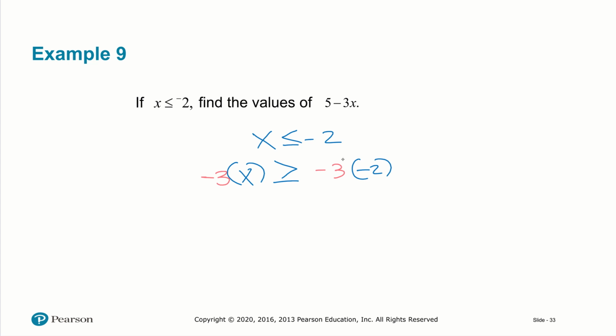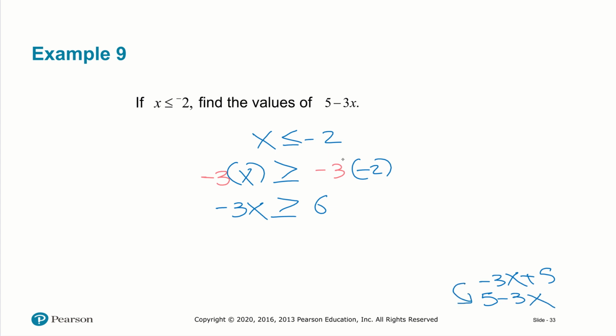So what do we have now? We have -3x is greater than or equal to 6, right? What's the only thing we need to do now? We need to go ahead and add 5 to both sides, right? So I can put -3x plus 5, or it will look nicer if I write 5 minus 3x.